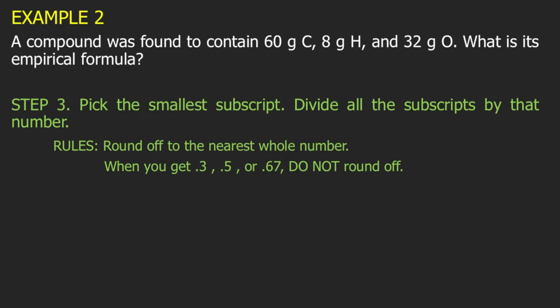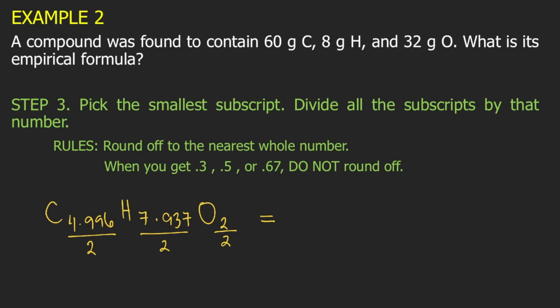So from step 2, we got C 4.996, H 7.937, O 2. In step 3, we pick the smallest subscript. Among the 3 subscripts, the smallest is 2. So we divide all the subscripts by 2. 4.996 divided by 2 is approximately 2.5.